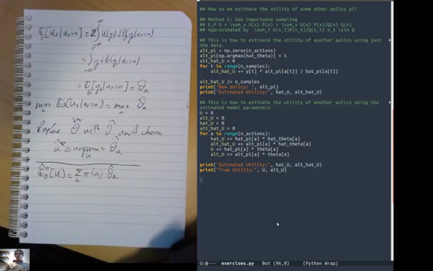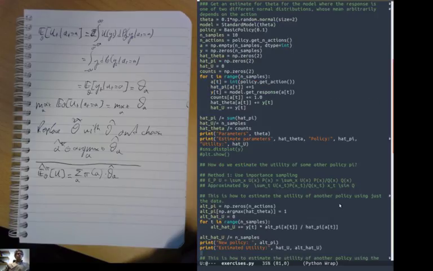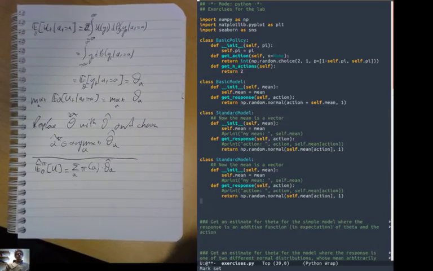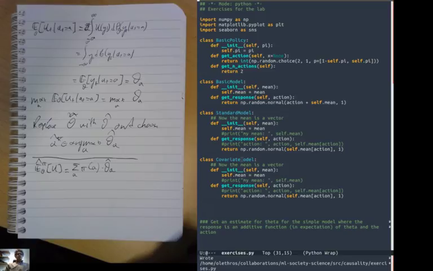So the last thing is working with data. Okay. So I have a slightly different model here. Here we have a model with covariates.